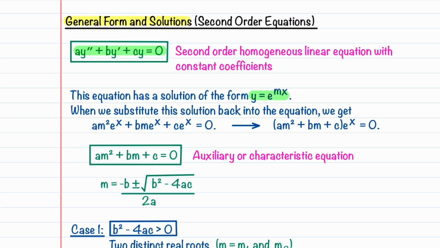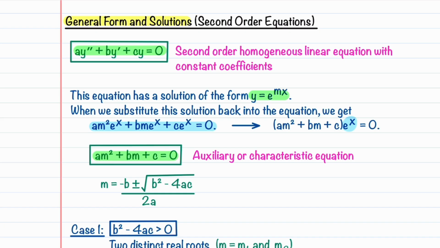To solve this equation, we're going to take that solution and substitute it back into our equation, and this gives us am squared e to the mx plus bm e to the mx plus c times e to the mx is equal to 0. We can factor out the e to the mx, and we're left with what's called the auxiliary or characteristic equation, am squared plus bm plus c is equal to 0.